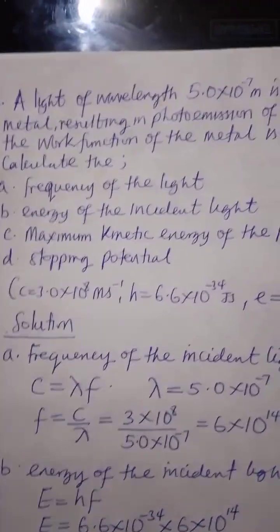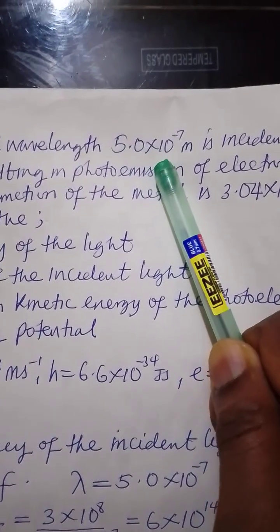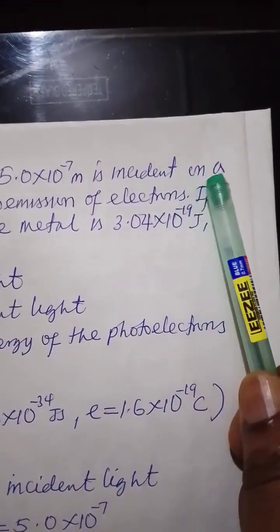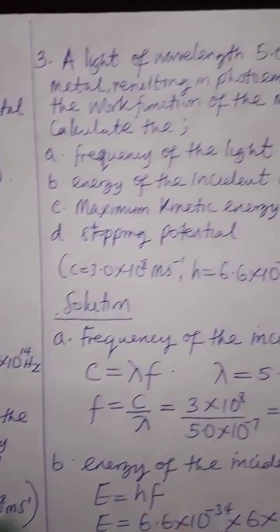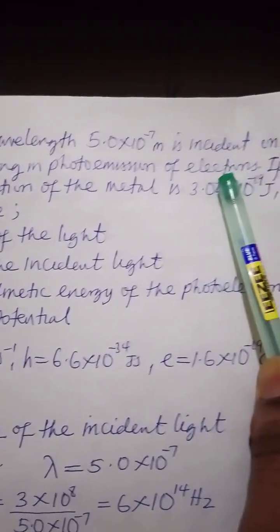Question number 3. A light of wavelength 5.0 times 10 raised by minus 7 meter is incident on a metal, resulting in photo emission of electrons.